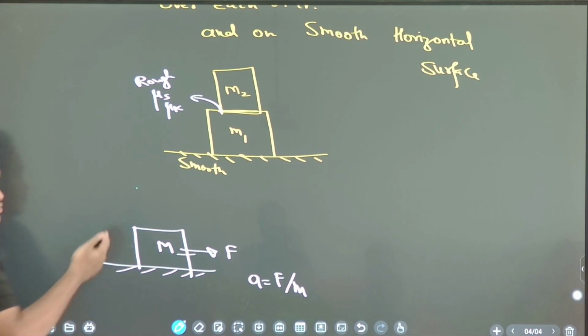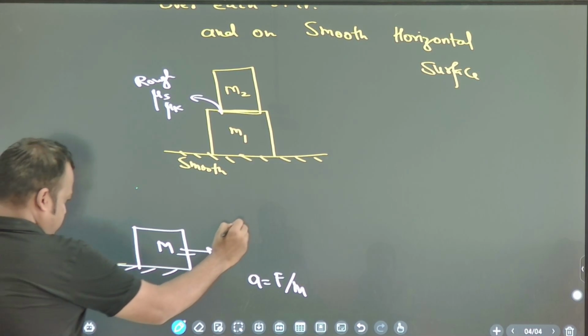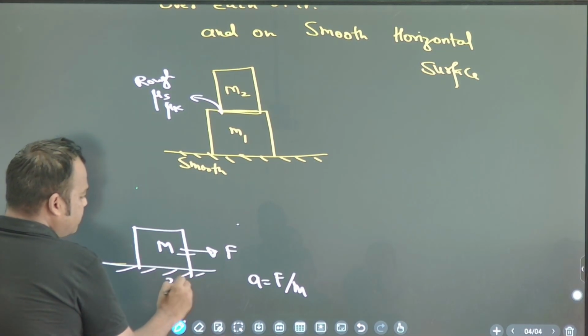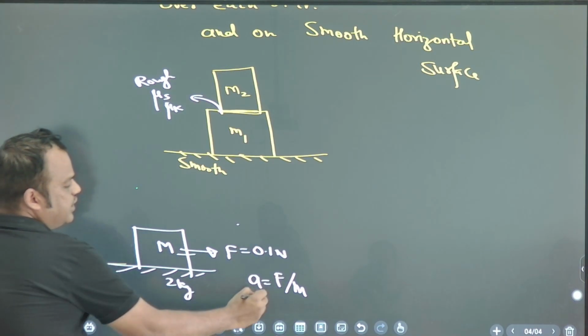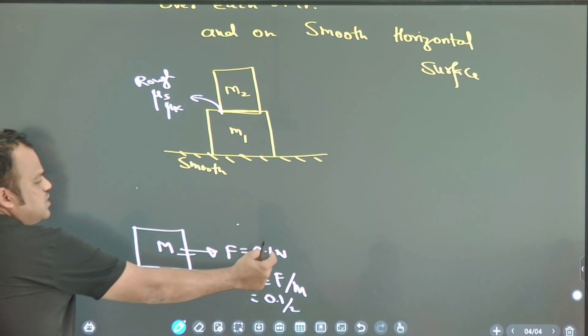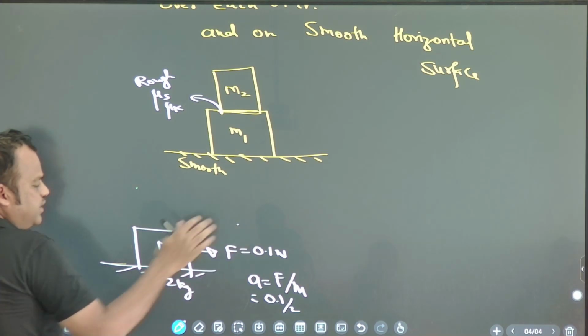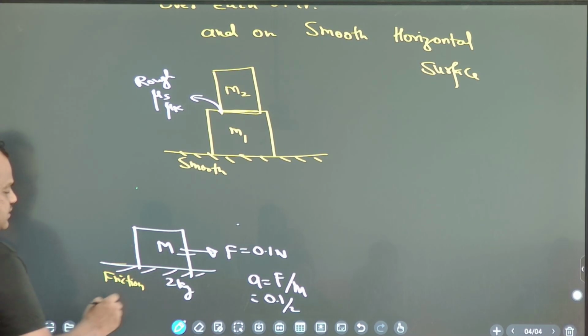Is there any stopping force? Any friction force? No. Suppose this is 2 kg and force is 0.1 Newton. So you can find acceleration 0.1 by 2. Force is very small, acceleration will be there because it is frictionless.